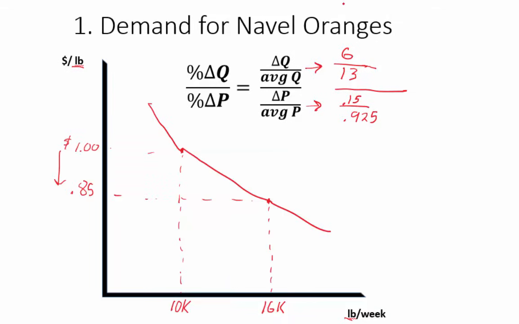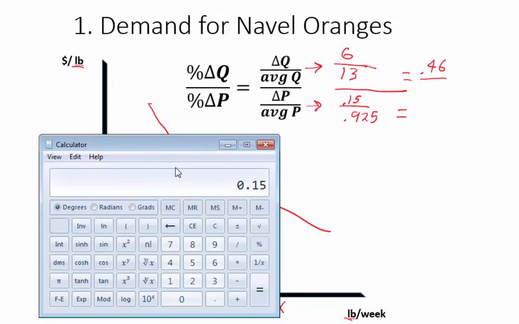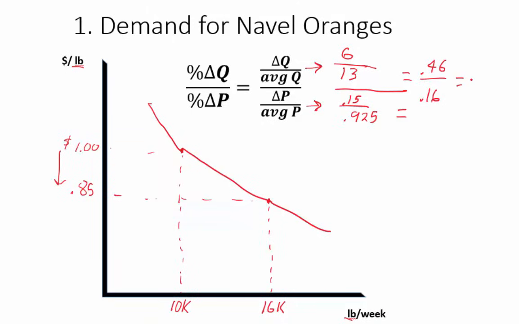We can round this. And the denominator is 0.15 divided by 0.925, 0.16. Do that, and we work out to an elasticity coefficient of 2.875. Let's call that 2.88. And of course, that registers on our elasticity spectrum as highly elastic.